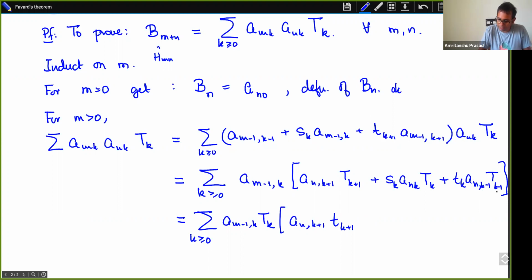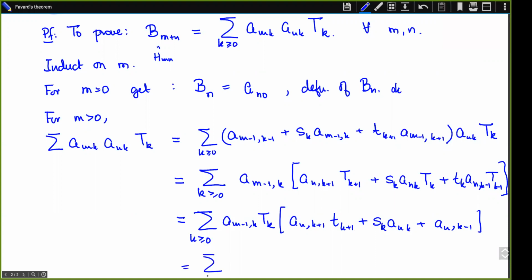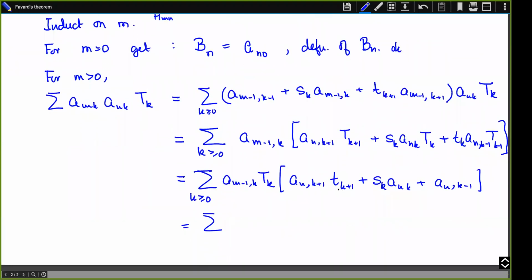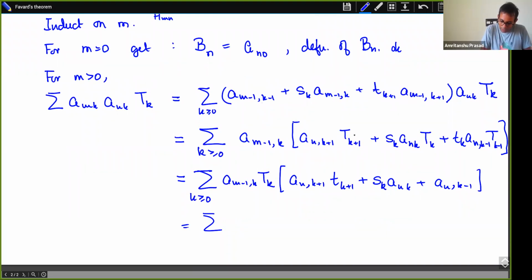This little tk times capital Tk minus 1 will become capital Tk. And beautifully, that is just an plus 1. Why is there small tk plus 1? Because this is capital Tk plus 1. So what is capital Tk plus 1? It is capital Tk times small tk plus 1. And I have taken out capital Tk here. And these two just give me Tk.